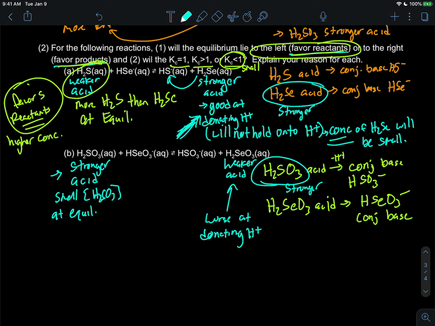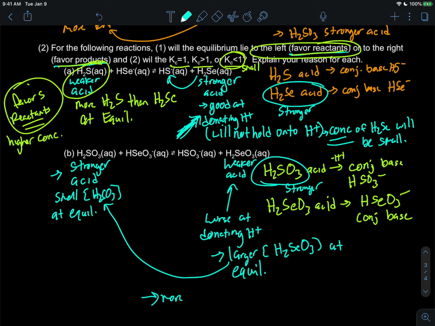And because it's worse at donating the proton, we will see a larger concentration of H2SeO3 at equilibrium. And so that would mean we're going to have more products here at equilibrium. And with more products, that would tell us that this reaction favors the products or favors the right, however we want to look at it.